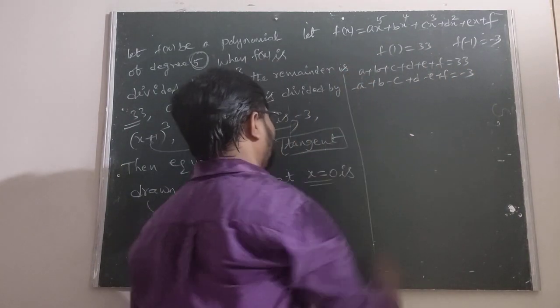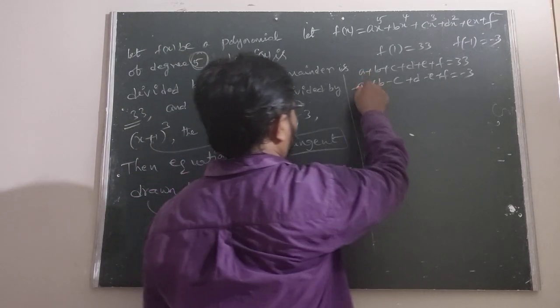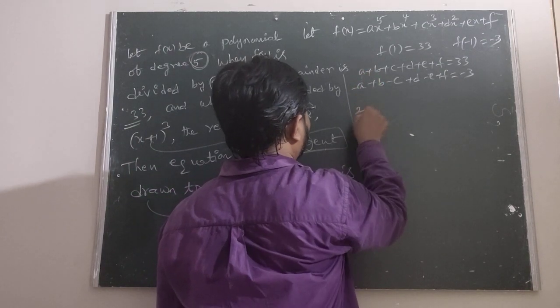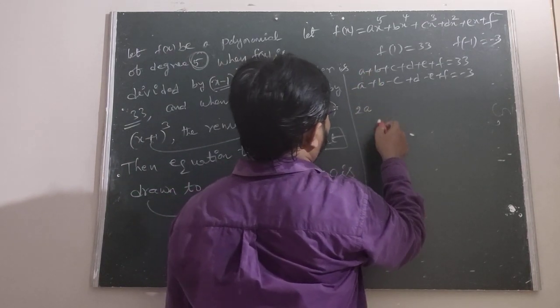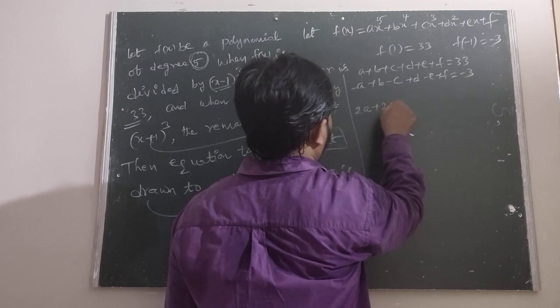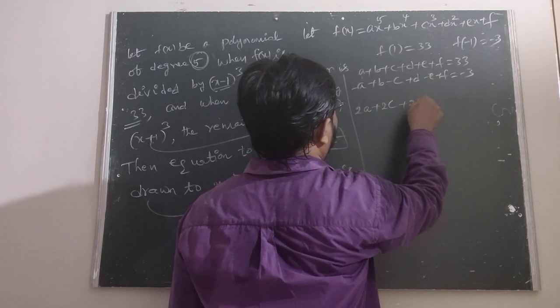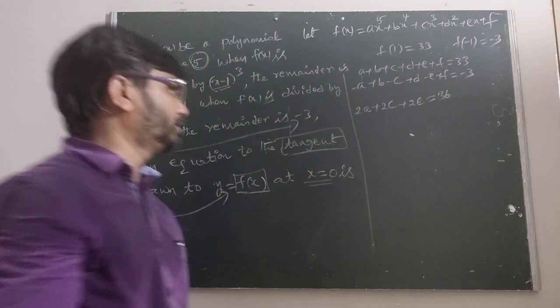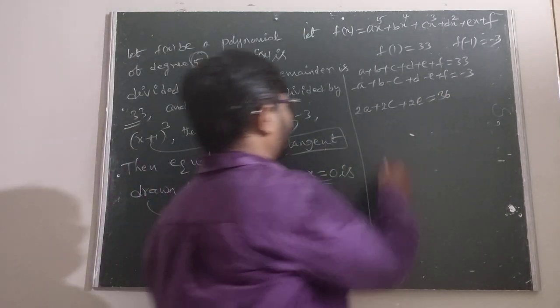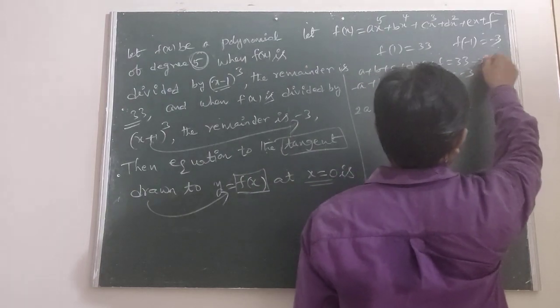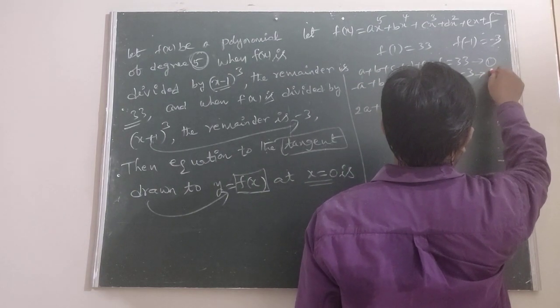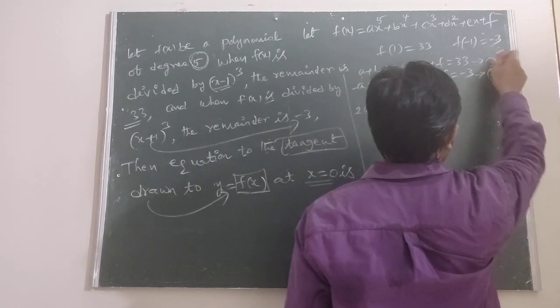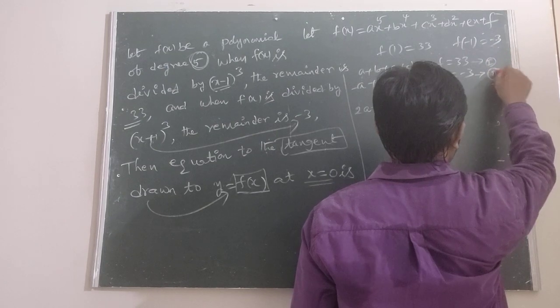Now first we are separating this. Subtracting, we get 2a plus 2c plus 2e equal to 36. Call the first equation 1 and this 2.